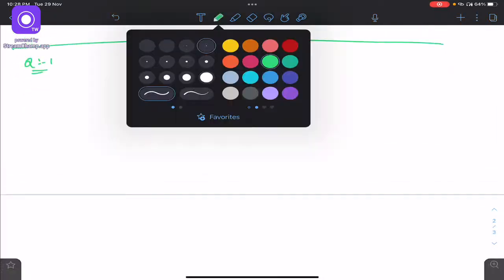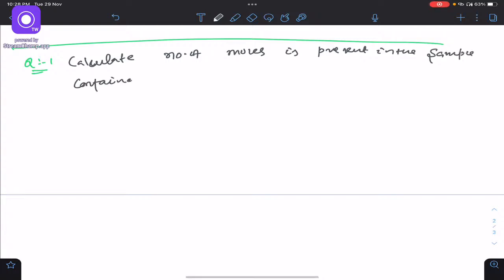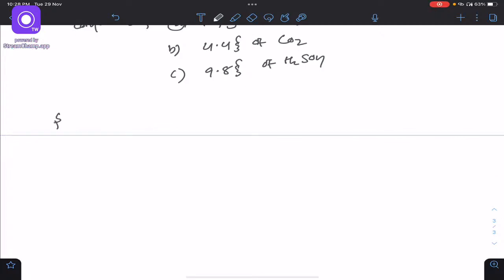Calculate the number of moles present in the sample containing A, 1.7 gram of ammonia, B, 4.4 gram of CO2, C, 9.8 gram of H2SO4. Okay, let's see the solution.